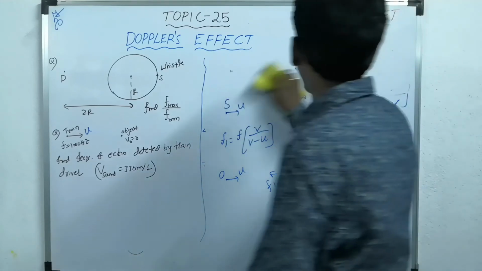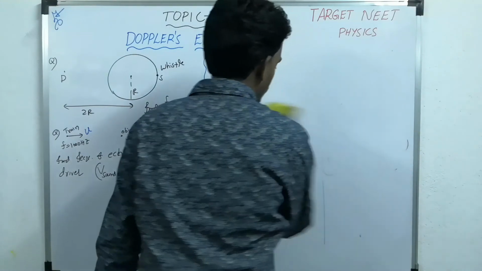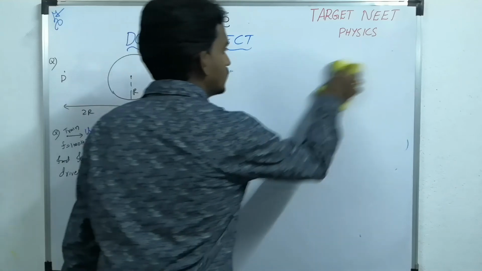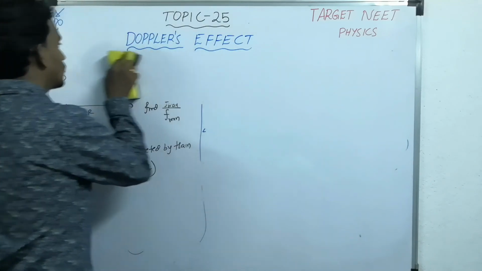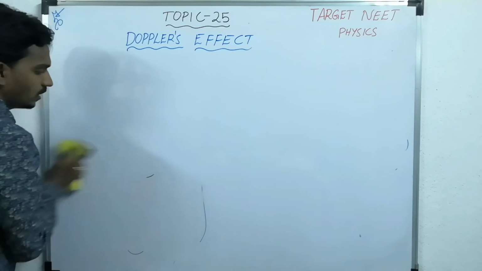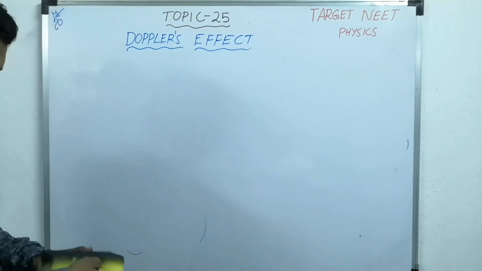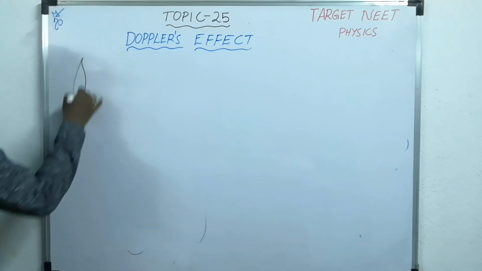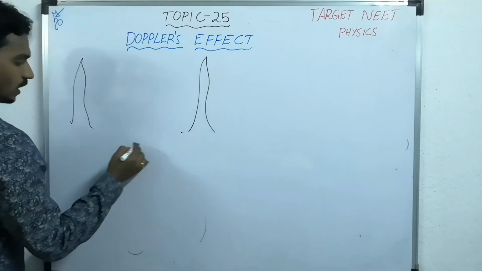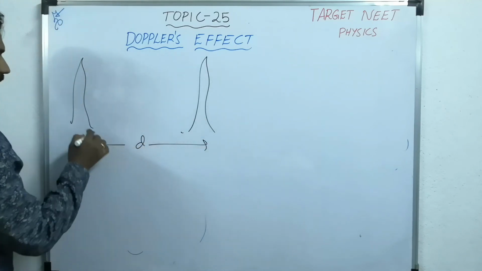Similarly, let me explain a few more important models. One is, consider there are two hills. One is this one, another is this one, and there is some distance between them.